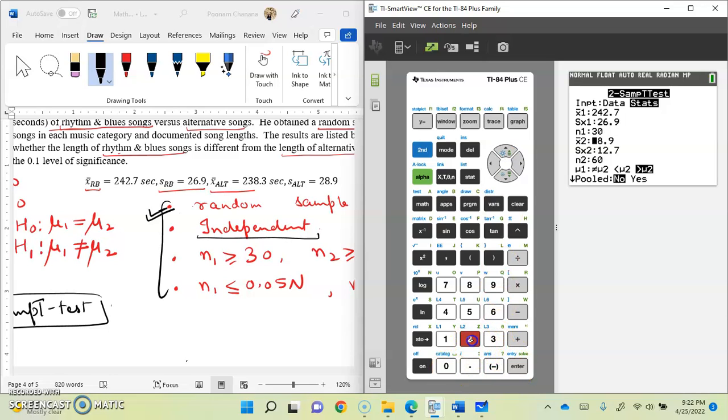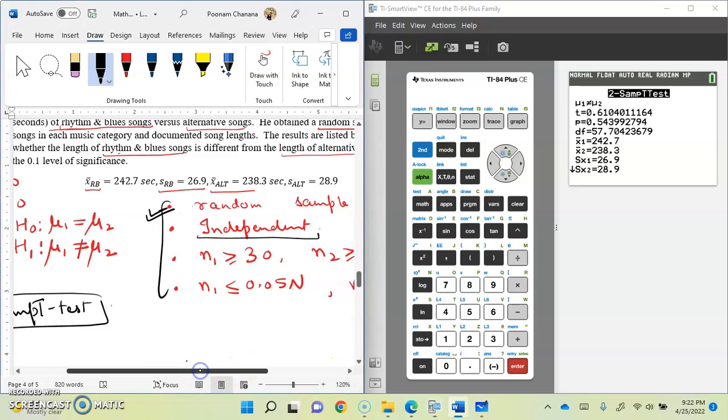X2 bar is 238.3 and S2 is 28.9. n2 is also 30. What are we testing? mu1 is not equal to mu2, so highlight that. Data is not pooled. Go to calculate.